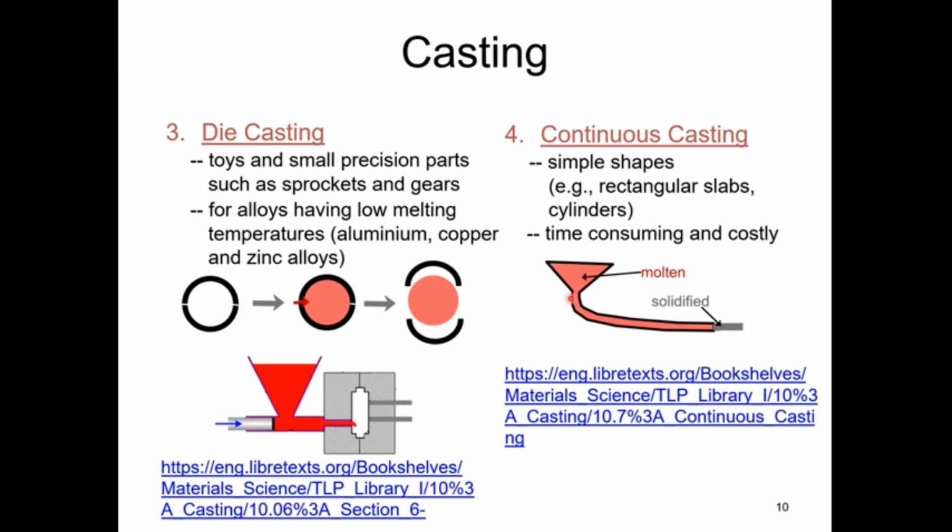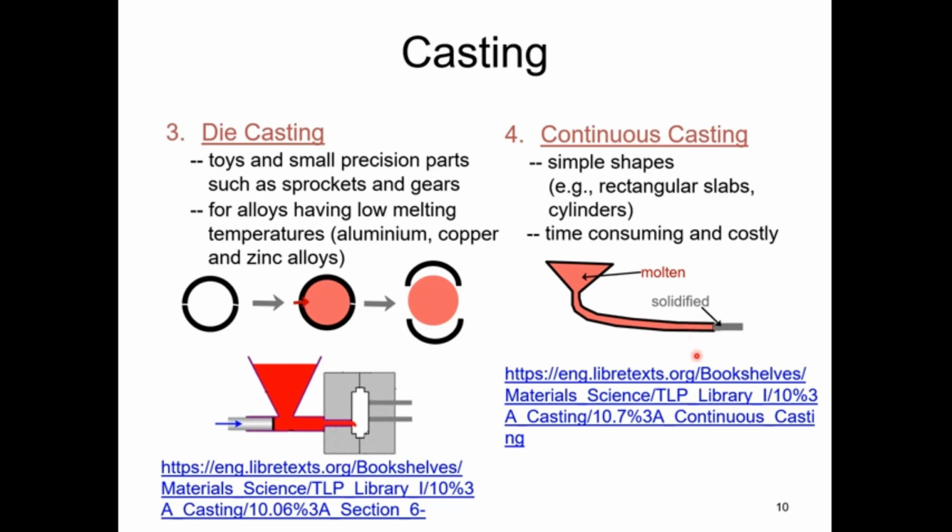In this process, the molten metal is continuously supplied to the mold, so we call it continuous. When the molten metal is cast through a mold, it keeps traveling downwards, increasing in its length as time passes by.